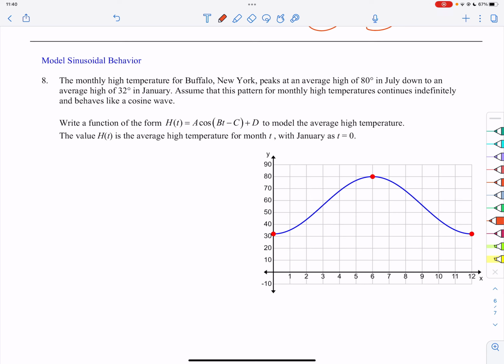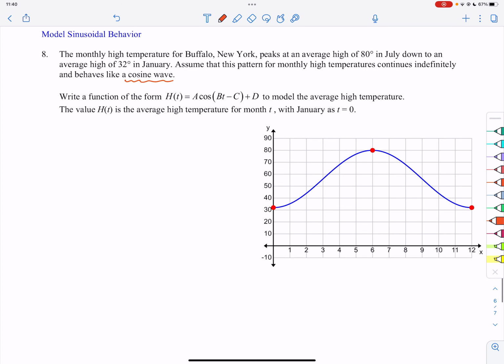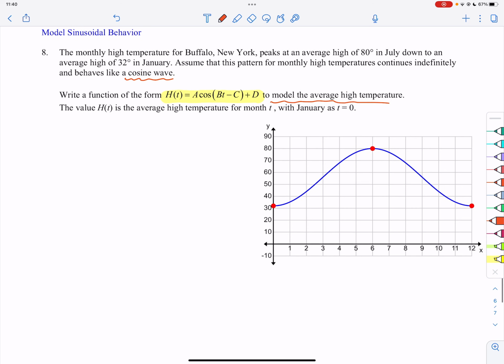And assume that this pattern for monthly high temperatures continues indefinitely and it behaves like a cosine wave, okay? So we're going to write the function in the form h of t equals a cosine bt minus c plus d, and we're going to be modeling these average high temperatures. And h of t is the average high temperature for month t.